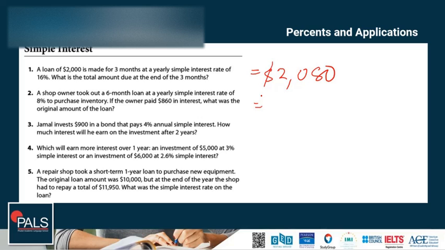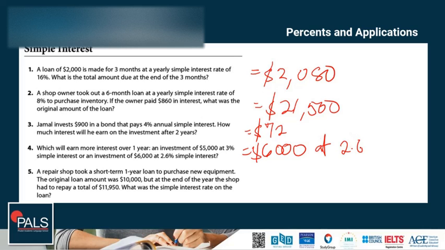Number 2, $21,500. Number 3, $72. Number 4, $6,000 at 2.6%. Number 5, 19.5%. How many correct answers did you get?